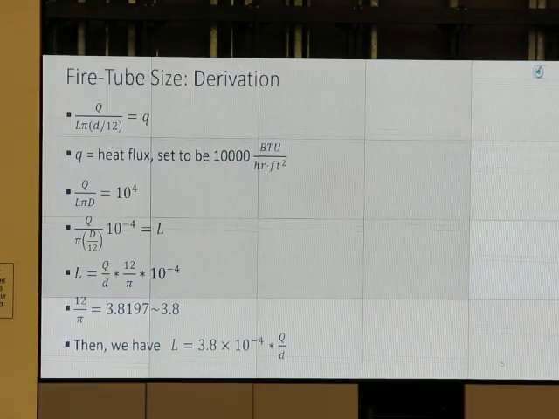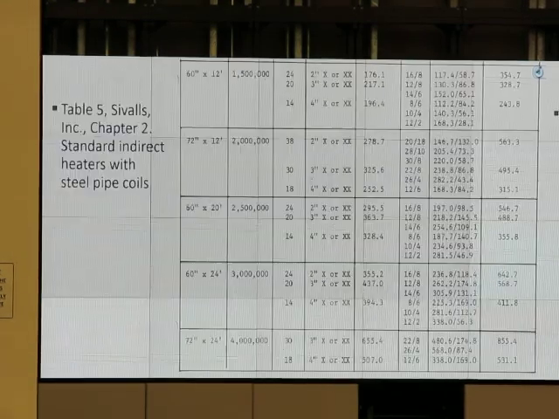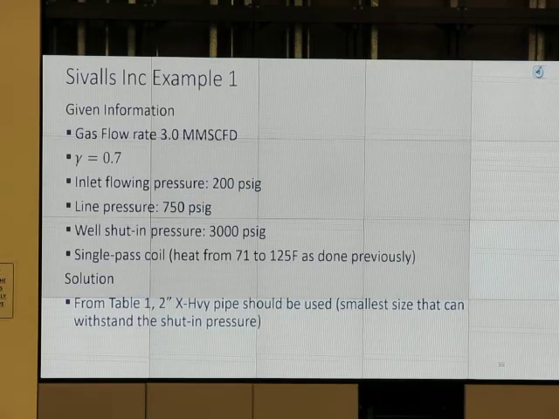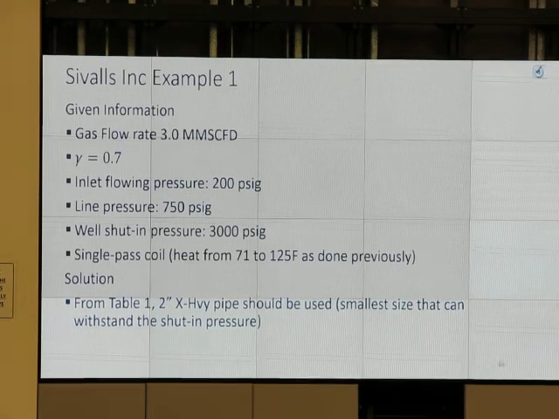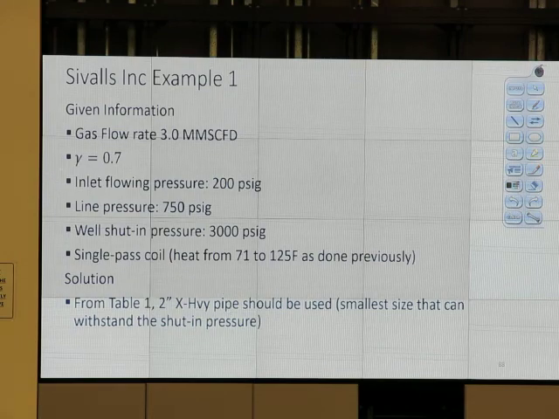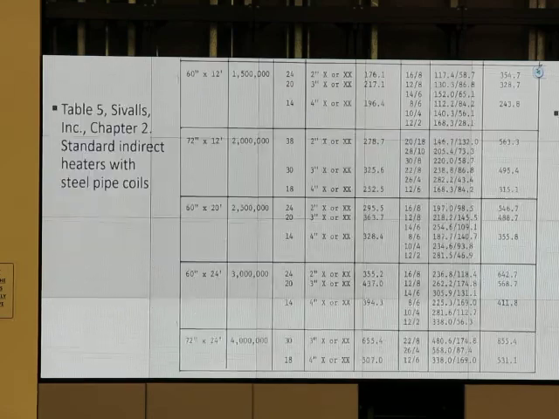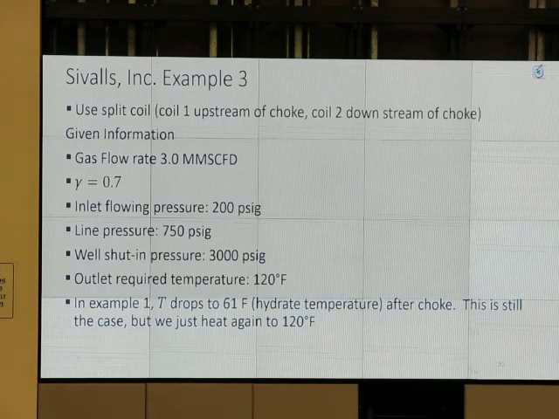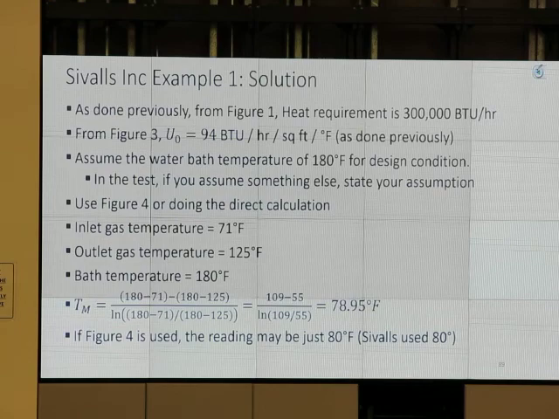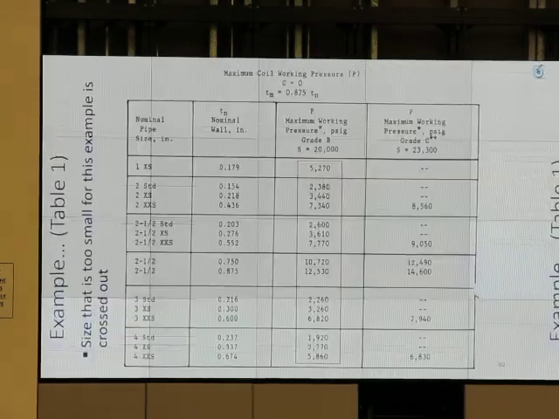Let's say we do it and we know that we use 2 inch X. So in this example, we use a single pass coil, and we use 2 inch X pipe. 2 inch X pipe comes from the consideration of, I think this table. Where is the table? There's a table that tells the pressure the pipe can withstand.